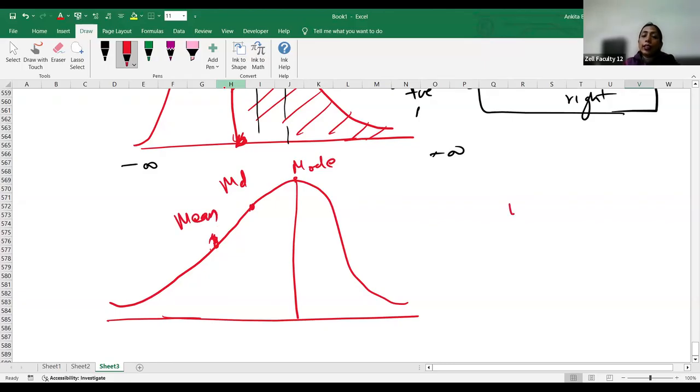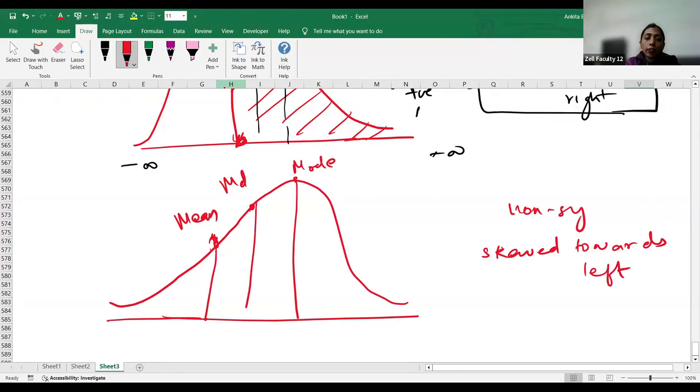So this is again non-symmetric in nature, but skewed towards the left. Therefore, the probability here is to make negative returns or less returns.